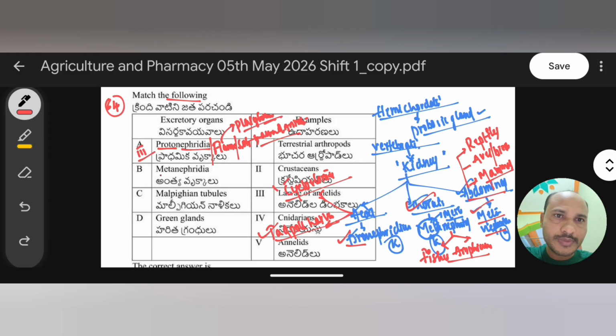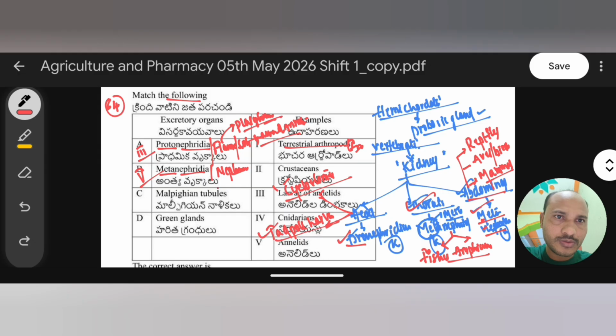Now coming to the metanephridian kidney. These metanephridian kidneys are generally seen in annelids. In human beings also we have a metanephridian kidney, but here metanephridia or nephridia are seen in annelids. Fifth, Malpighian tubules are generally seen in terrestrial arthropods, the best example being insects.